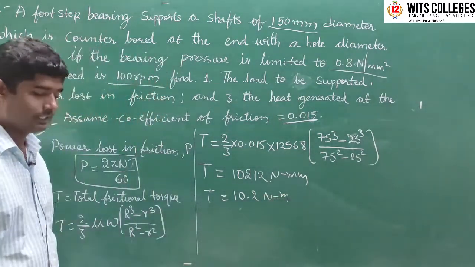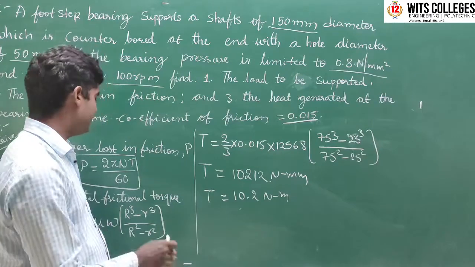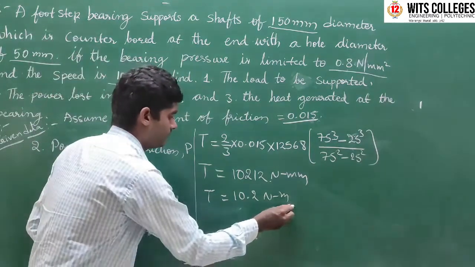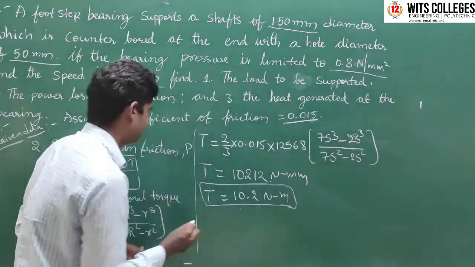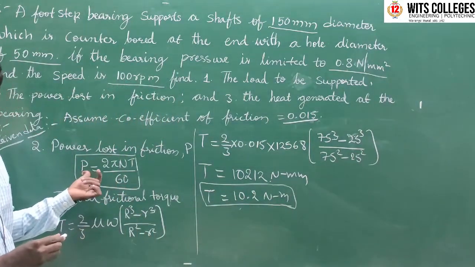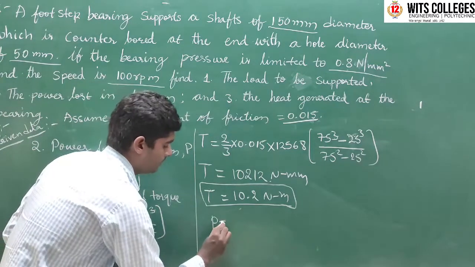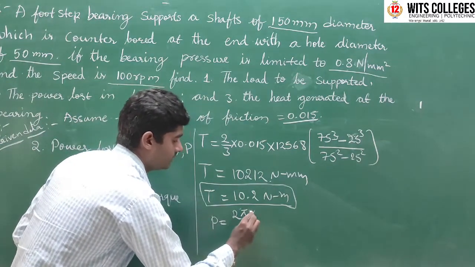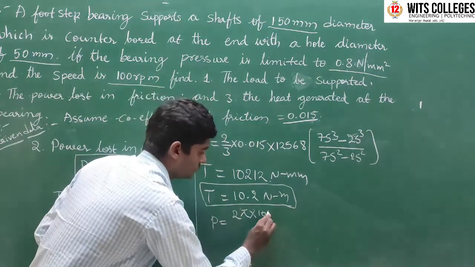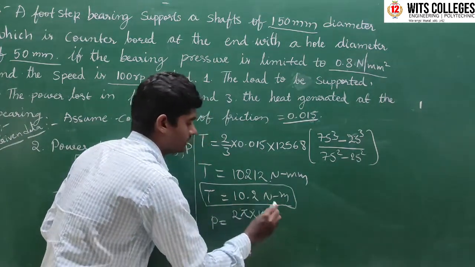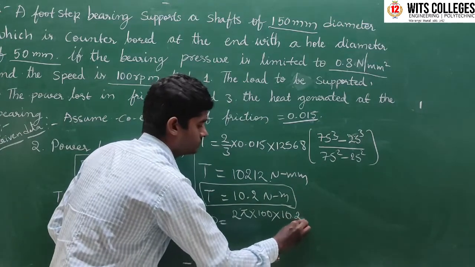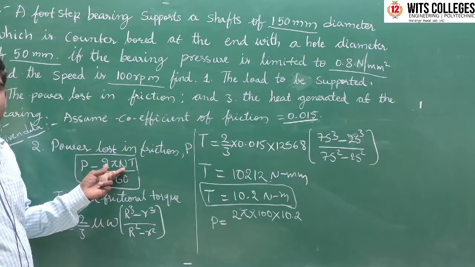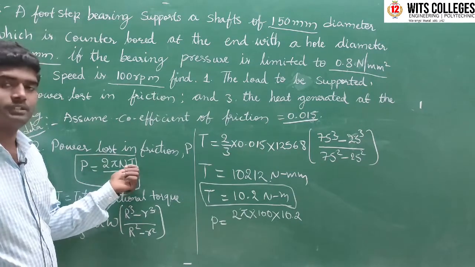After that, find out the power lost in friction. T we have found, so substitute this T in the power equation. P is equal to 2 pi N T by 60, where N is equal to 100 and T is 10.2 in meters. RPM means revolutions per minute.